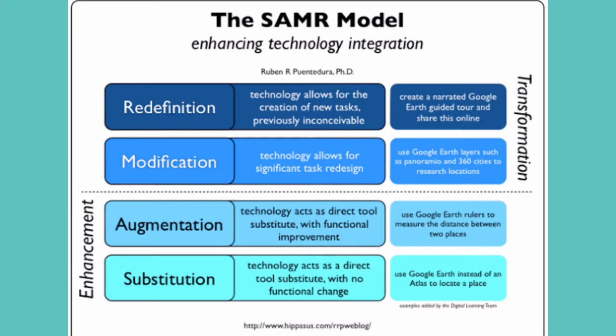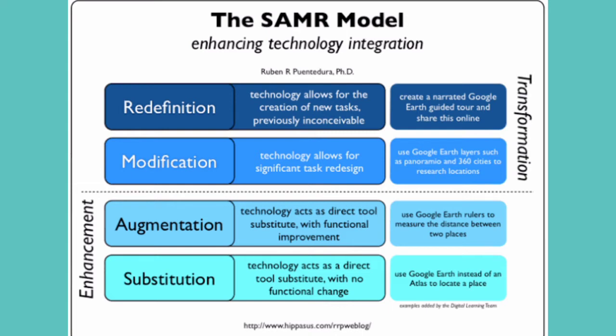In substitution, technology acts as a direct tool substitute with no functional change. In augmentation, technology still acts as a direct tool but with functional improvement. So augmentation means that the learning process becomes more efficient and engaging.